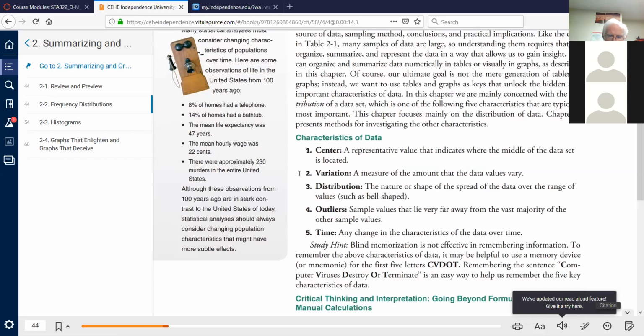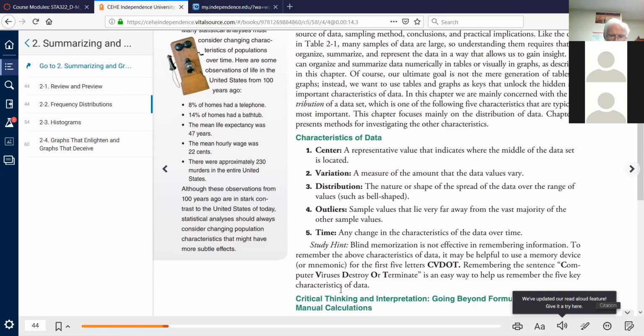Outliers are sample values that are very far away from the vast majority. I mentioned college football coaches' salaries in the last lecture because they're a good example. We have a few that are way higher than what we would consider the bulk of the data.